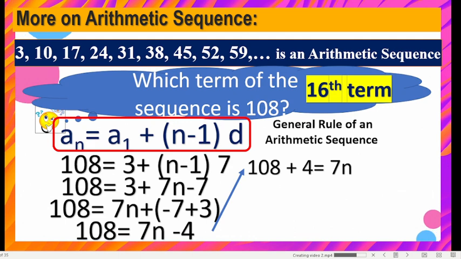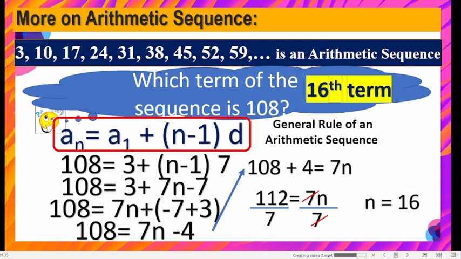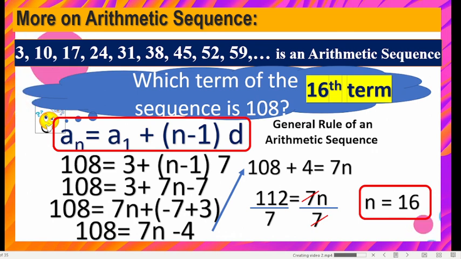Using the addition property of equality, we'll have 108 plus 4 is 112. To solve for n, divide both sides by 7. Canceling common terms, we have n equals 16. Hence, 108 is really the 16th term of the given arithmetic sequence.